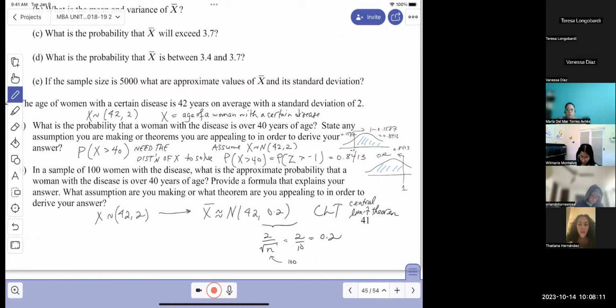I think so. I understand the difference between assuming it is normal and invoking the theorem. What's the difference in writing? So here, to do anything, I had to assume X is normal or I can't do anything.